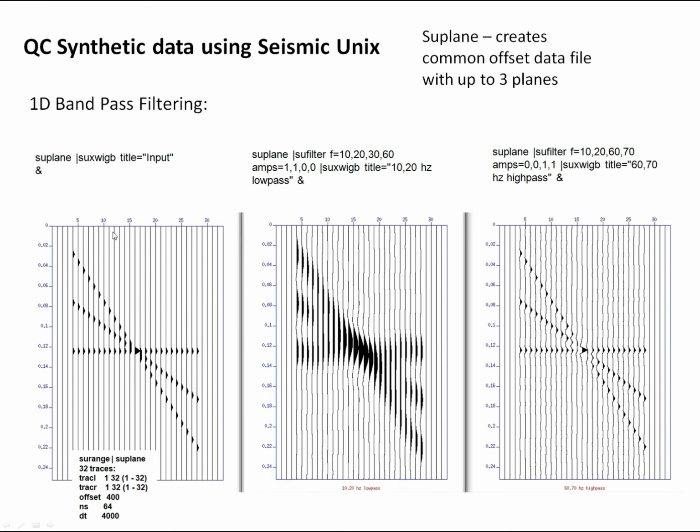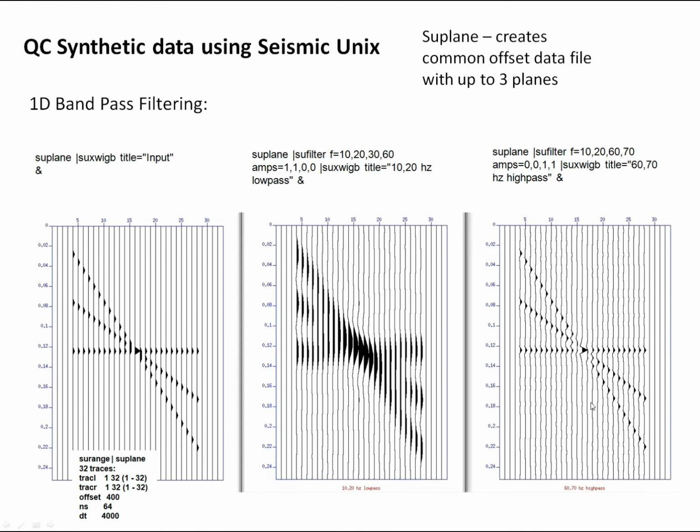Now you want to apply some kind of bandpass filter. If you apply a low pass filter, you can use this script. I'm not going to go through each of these individual scripts; this is just to demonstrate that yes, you can generate these displays and apply these processes. So this is a low pass filter.